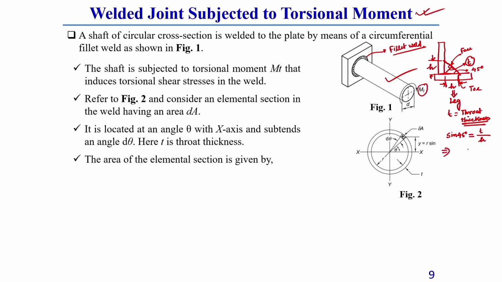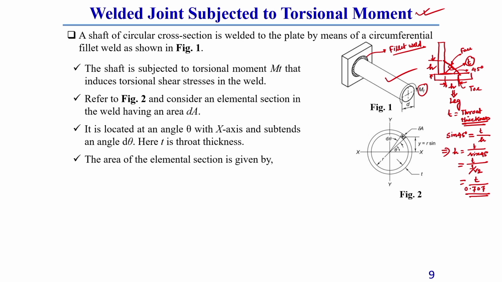So, you can write a is equal to T by sin 45 degrees. T divided by sin 45 means 1 by root 2, so you can write T divided by 0.707, or about 0.7. You should keep this in mind.